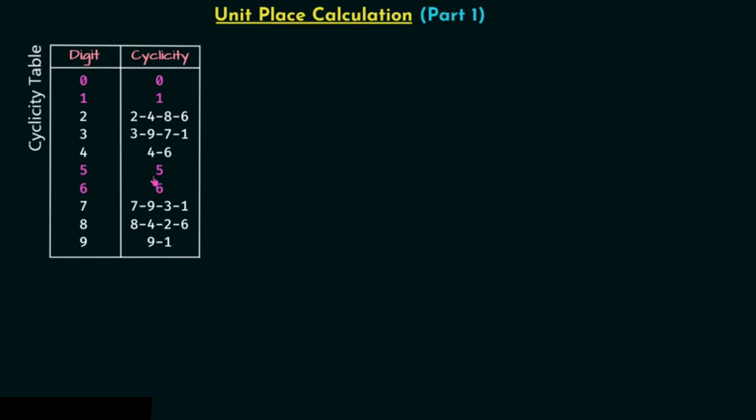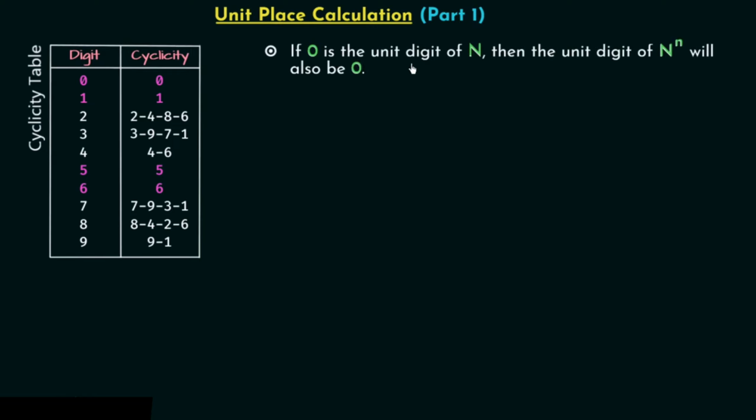And now we will move on to the case when we have 0 as the unit digit of a number n. If 0 is the unit digit of number n, then the unit digit of n raised to power small n will also be 0.